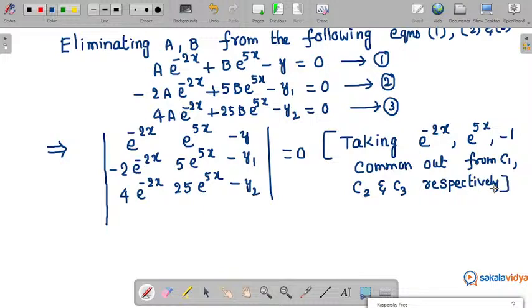Having taken common out e power minus 2x, e power 5x and negative 1 from C1, C2 and C3 respectively, then what do we get?